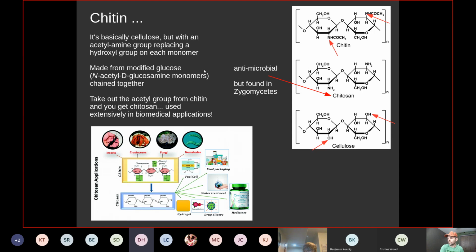Quick question. Is chitin stronger than cellulose? It's kind of like an analog to keratin in animals, so kind of like your fingernail. It's a bit more flexible, and so in that sense, it's kind of harder to break than cellulose, but cellulose is more rigid, if that answers for you.